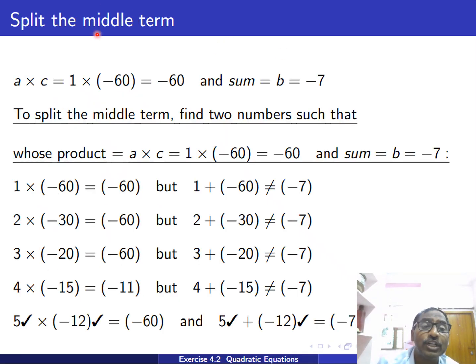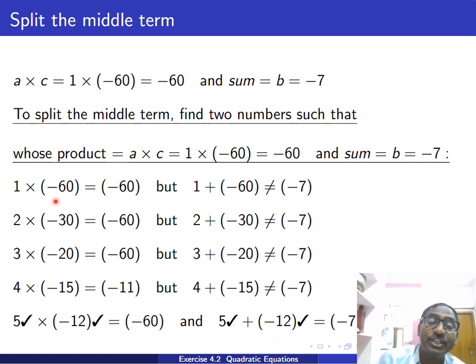How to split the middle term? To split the middle term, find two numbers whose product is a times c, which is 1 times minus 60 equal to minus 60, and whose sum is b, which is minus 7.